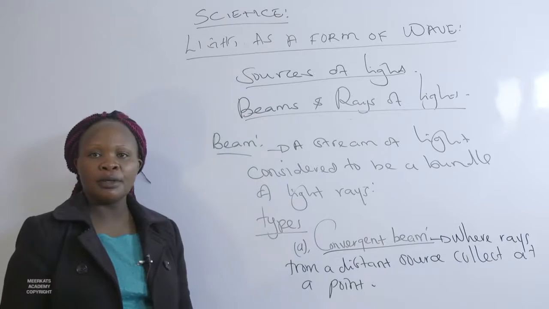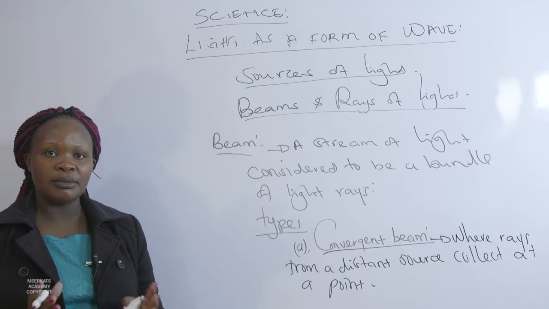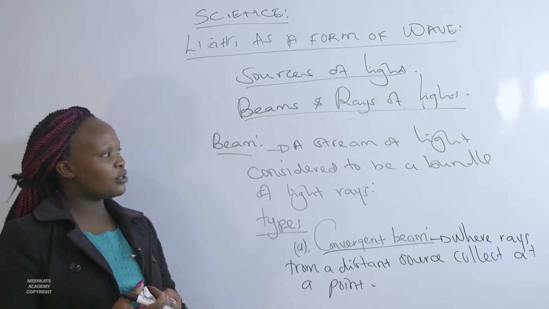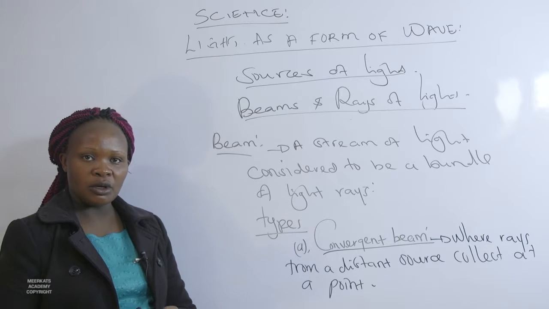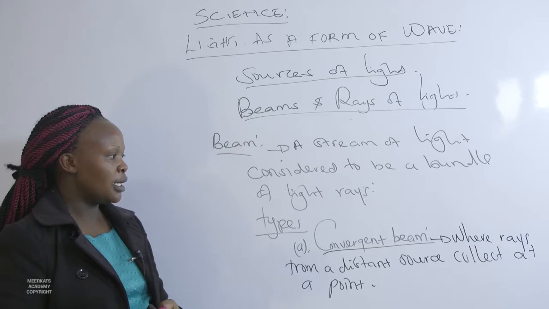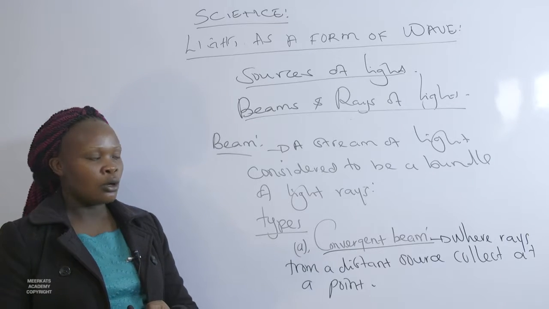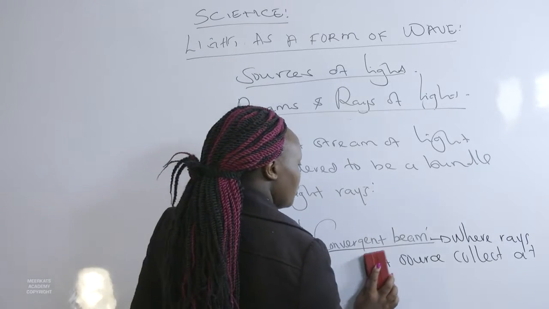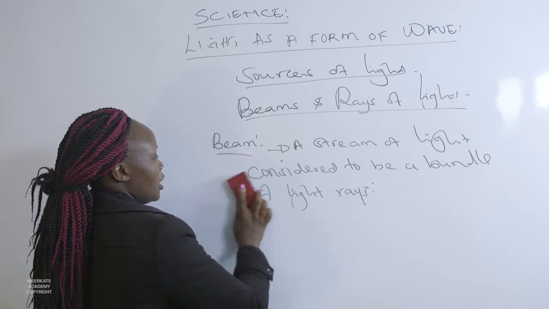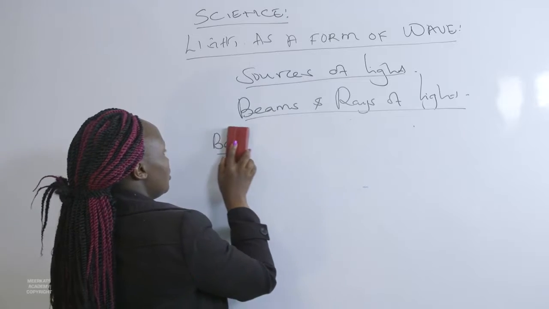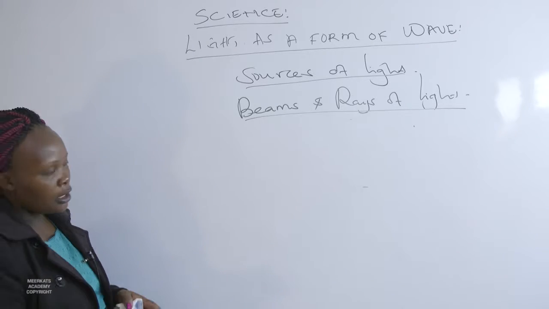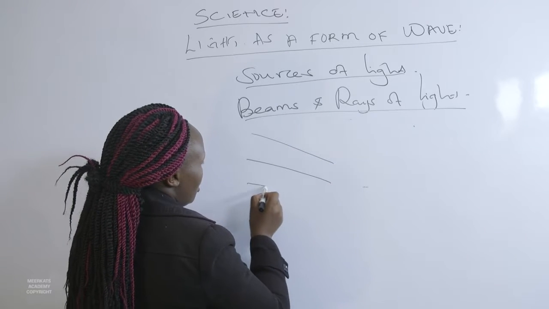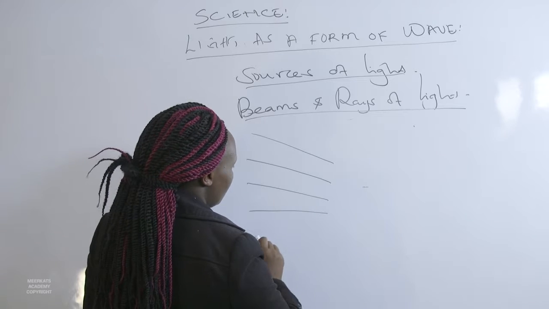Remember that we said that when we talk about a beam, we consider several rays of light. In fact, we call a beam a collection or a bundle of rays of light. Therefore, if some rays from a distant source seem to collect at a point, then we talk about it as being a convergent beam.